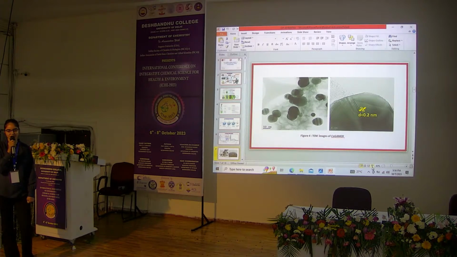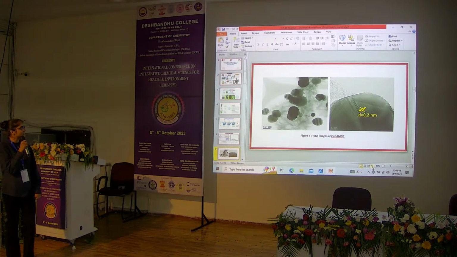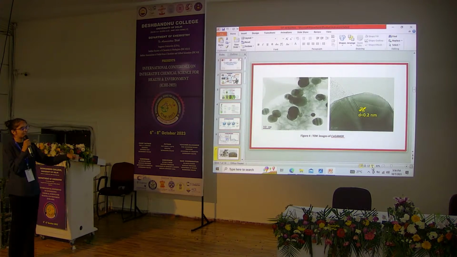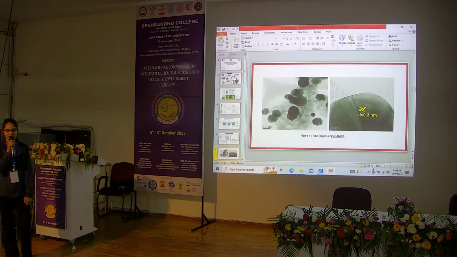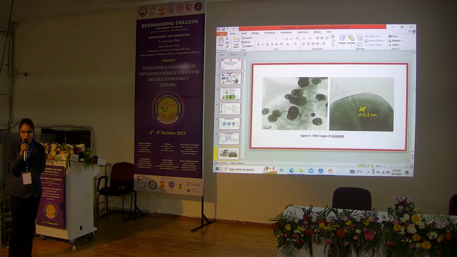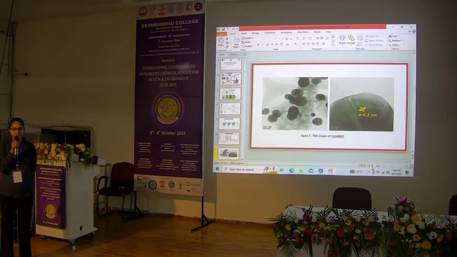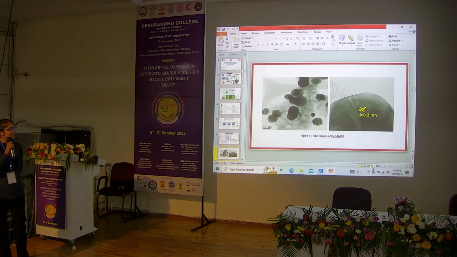The one marked 0.2 nanometer, the one below is 2 nanometer. Okay. So how did you index this HRTEM image? You have drawn two parallel lines and written d equals 0.2 nanometer.